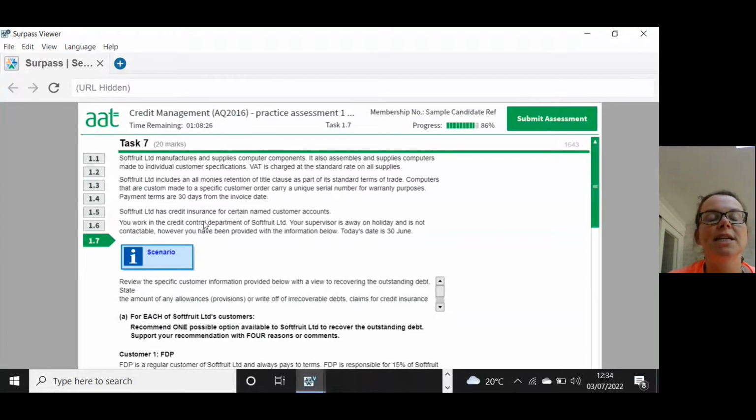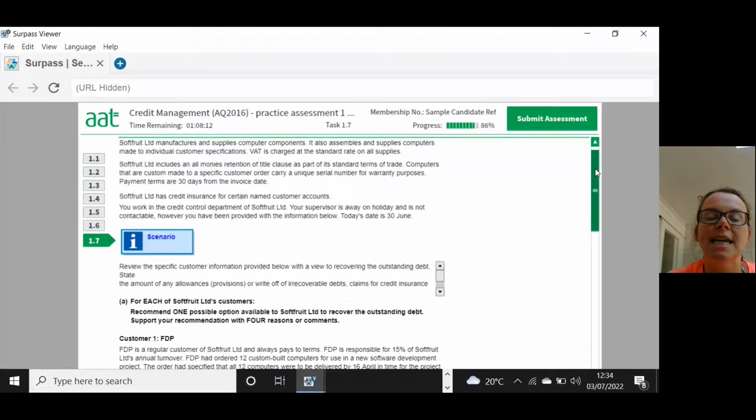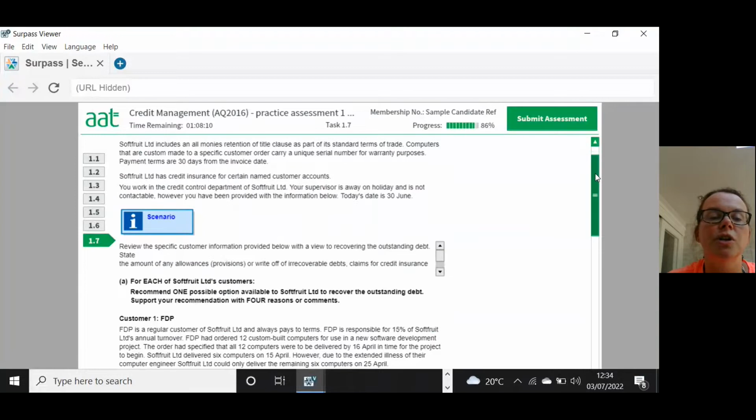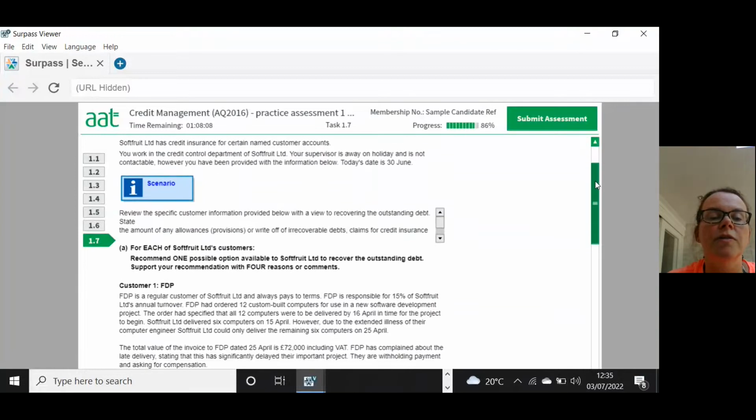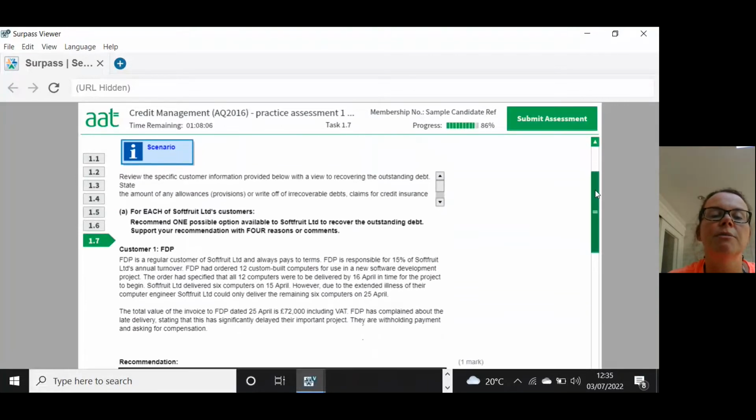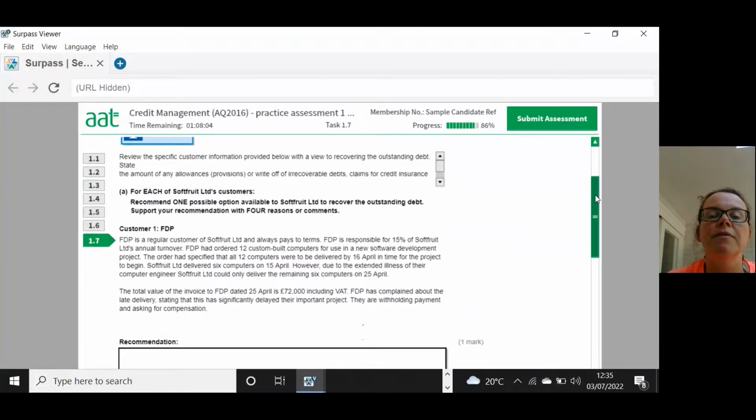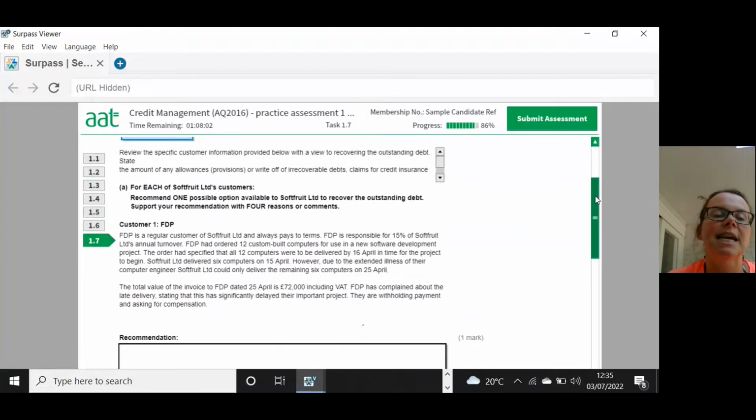Soft Fruit Limited has credit insurance for certain named customer accounts. You work in the credit control department of Soft Fruit. Your supervisor is away on holiday and is not contactable. However, you have been provided with the information below. Today's date is the 30th of June. Review the specific customer information below with a view to recovering the outstanding debt.